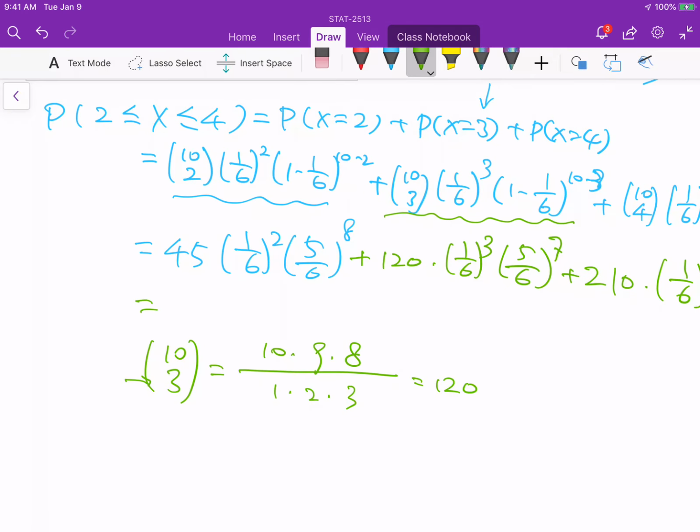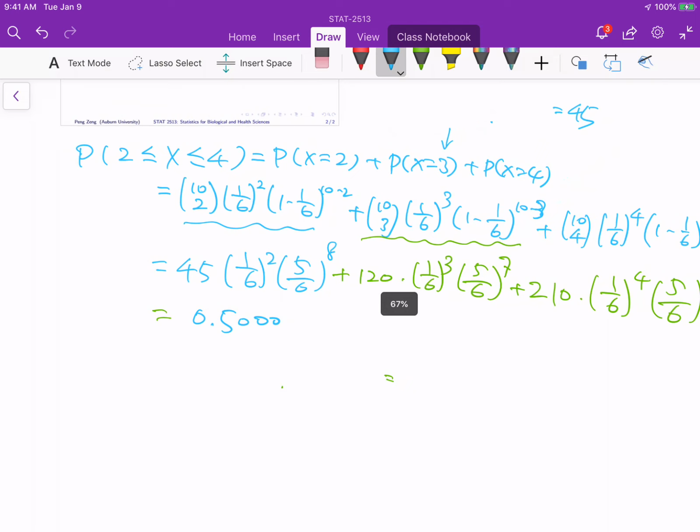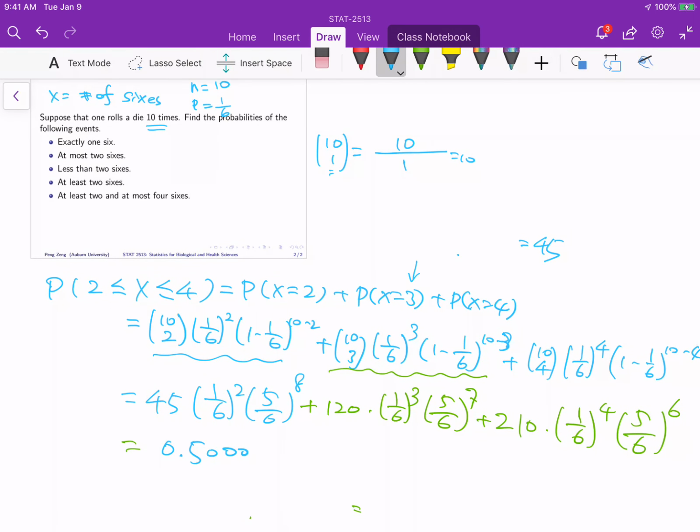You can use a calculator to get the value, and the value will be 0.5000. So this is the probability of at least 2 and at most 4 sixes.